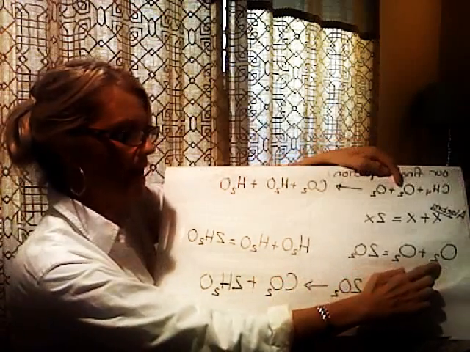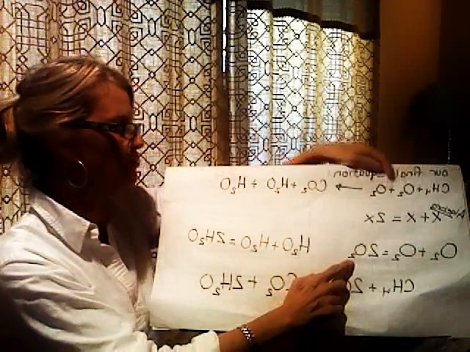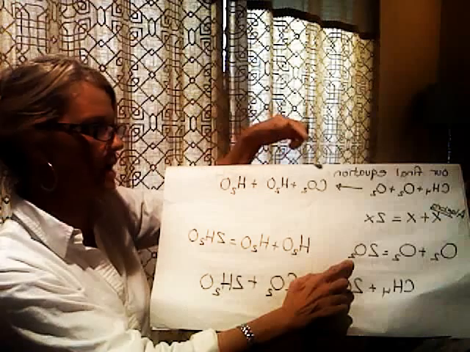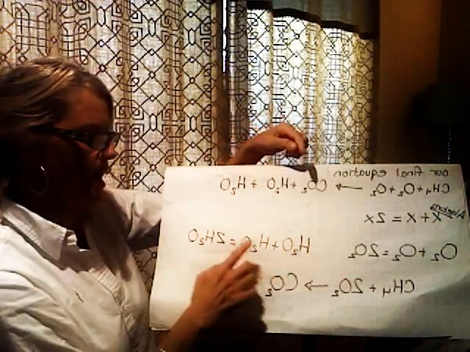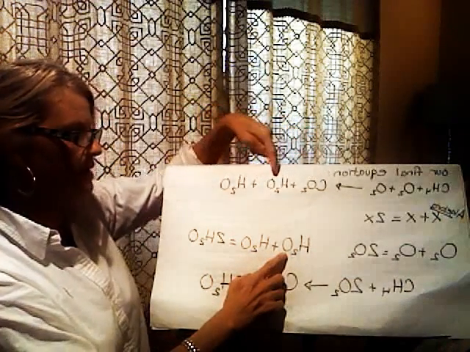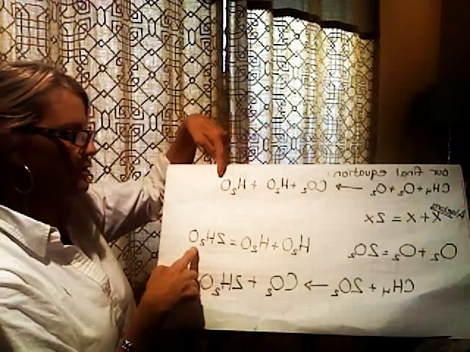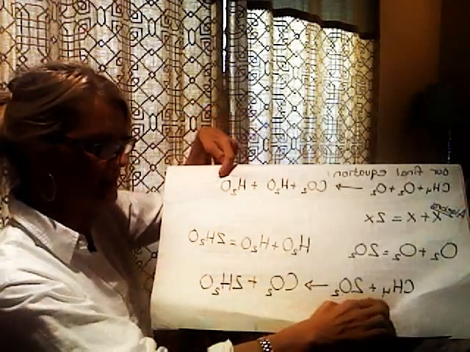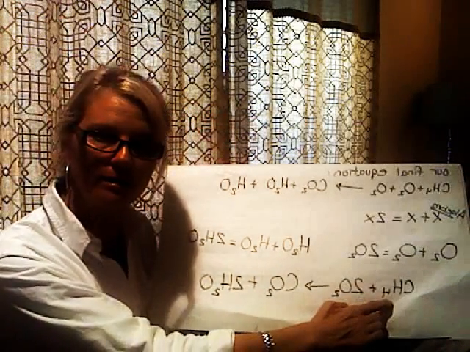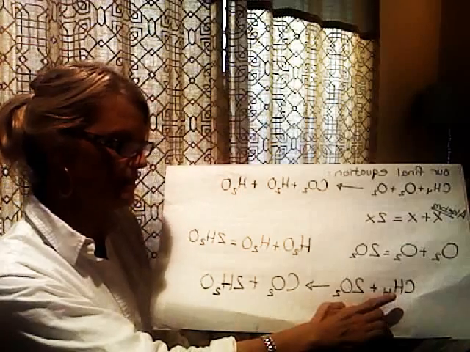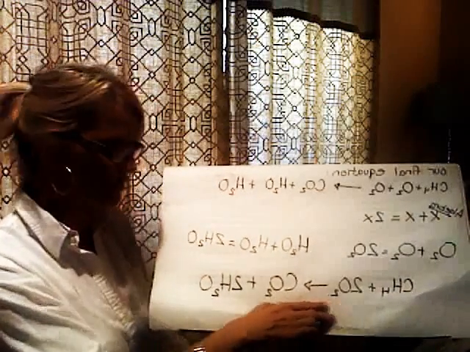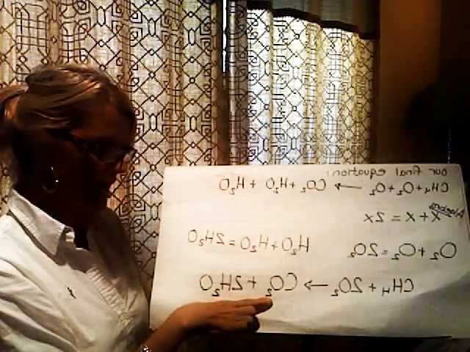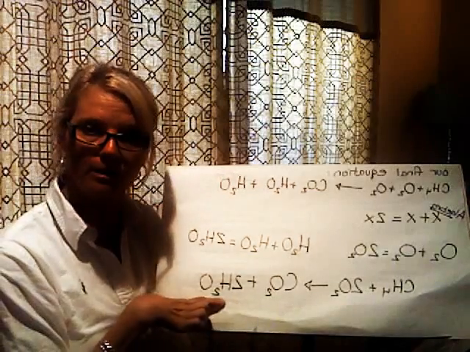We could add oxygen to oxygen, and we got 2 oxygen molecules. And we also, down here, had water plus water equals 2 water molecules. Hence, we just simplified our equation. Methane plus 2 oxygen molecules yields carbon dioxide plus 2 water molecules.